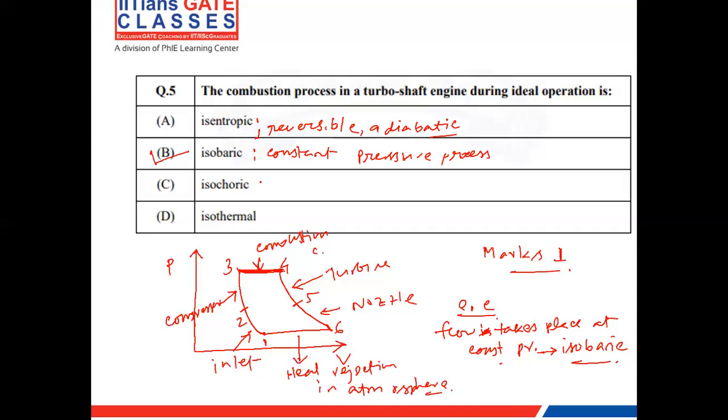Isochoric is constant volume, and isothermal is when the temperature is constant. Again, in the combustion chamber, heat addition is taking place and temperature is increasing, so this cannot be the correct option. Okay, hence B is the correct option, isobaric process.